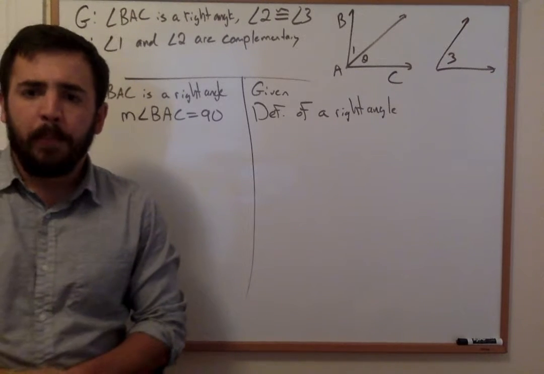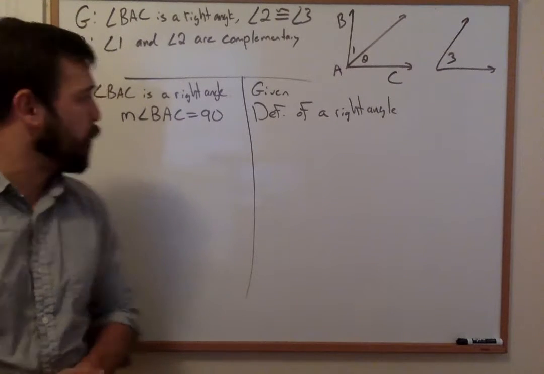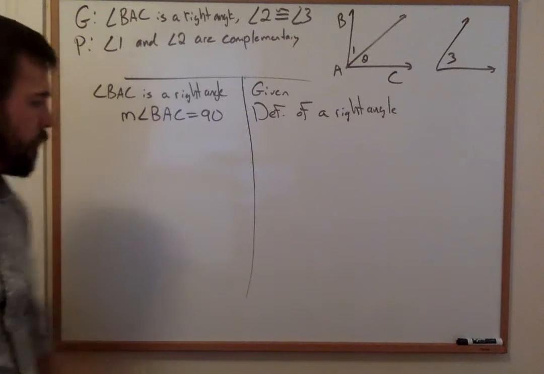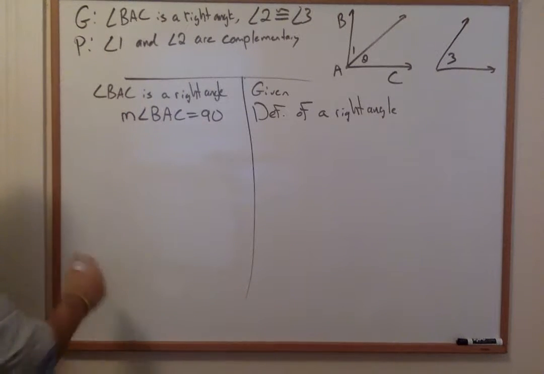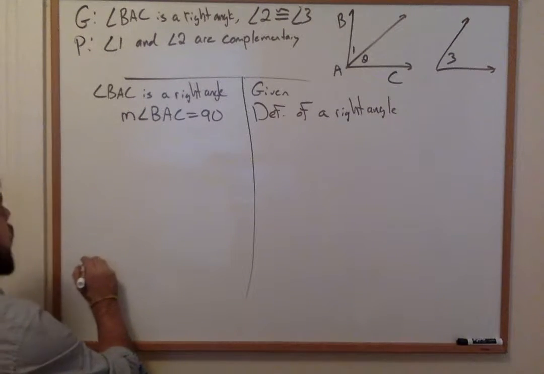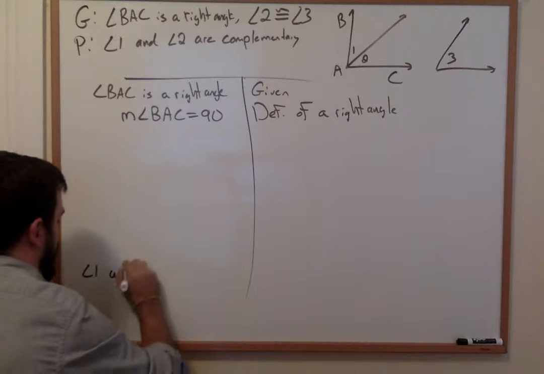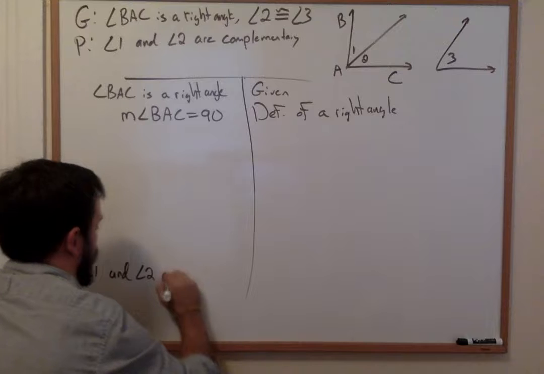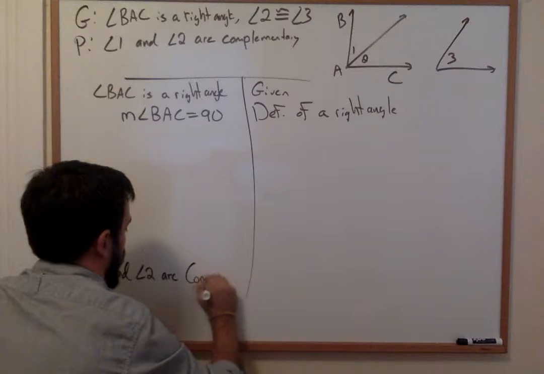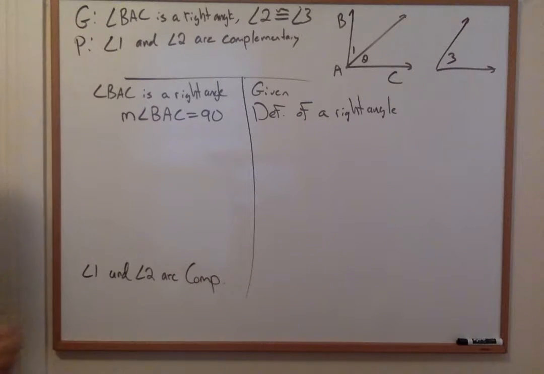Now, I think I might go down to the bottom and put in what I need to prove to give me some direction. I need to prove that angle 1 and angle 2 are complementary.